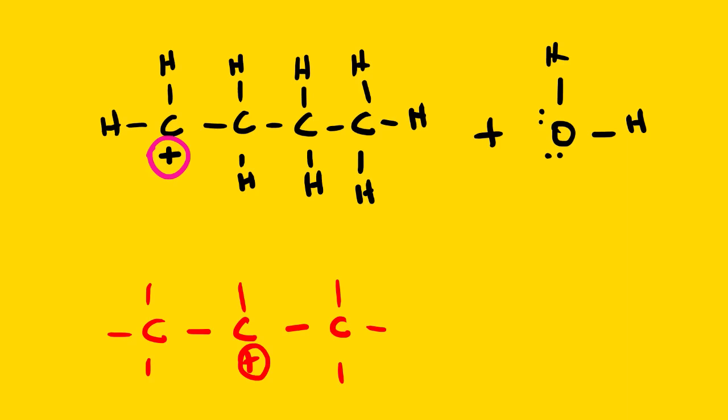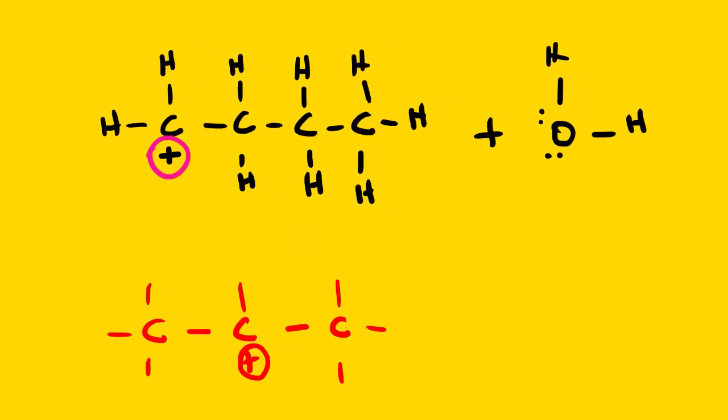Then if it happens that we have a carbocation ion which is bonded to other 3 carbons, this would be our tertiary carbocation ion. You can see that it is bonded to other 3 carbons.